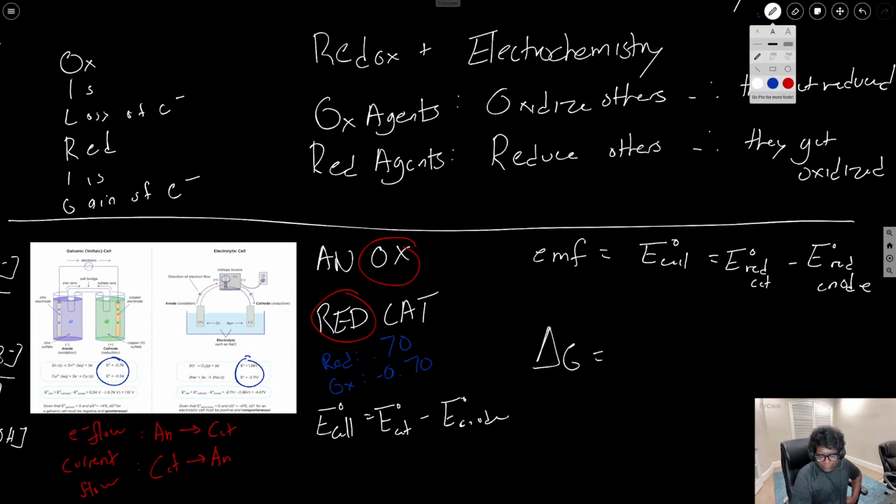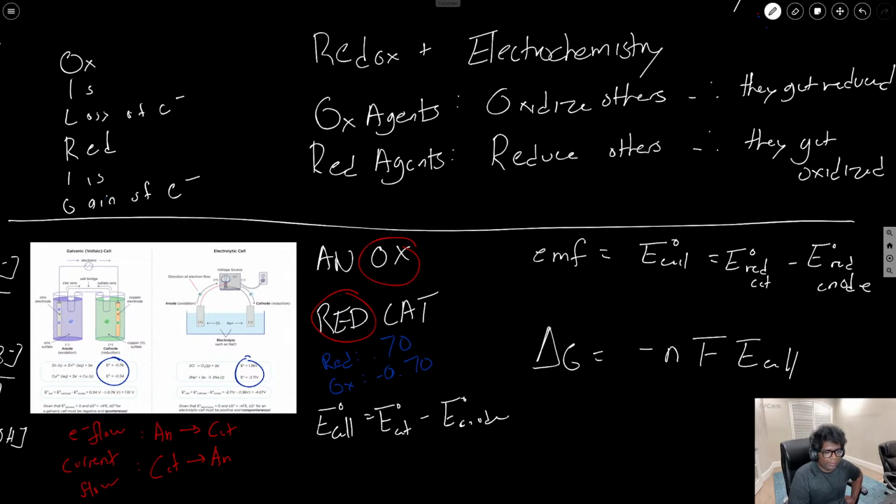And now let's wrap things up with how we relate all of this to Gibbs free energy. The equation for this in electrochemistry is delta G equals negative n F E cell. We have E cell here, we can just plug it in. n is the number of electrons transferred, and F is known as Faraday's constant.